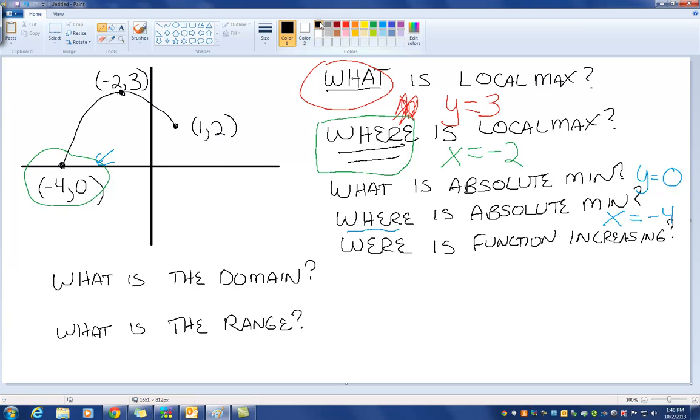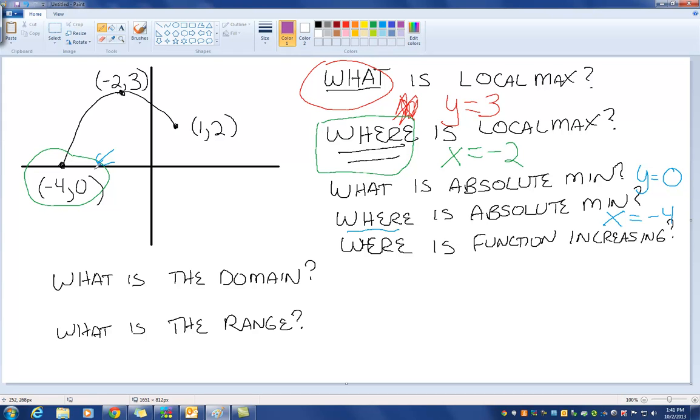Okay? Now we're asked also, where is the function increasing? Oopsie, misspelled where. Now we've got it right. Where is the function increasing? Well, again, you can picture it's along this interval right here. But again, when we're asked about where, we're looking not for this set of points from (-4, 0) to (-2, 3). We're asked for an interval, a set of values of x.